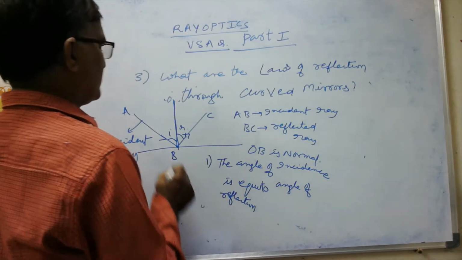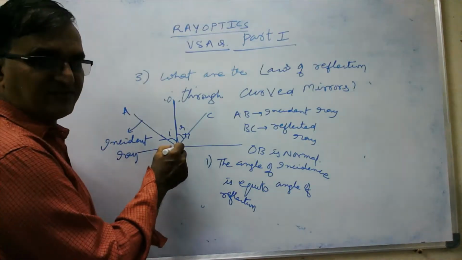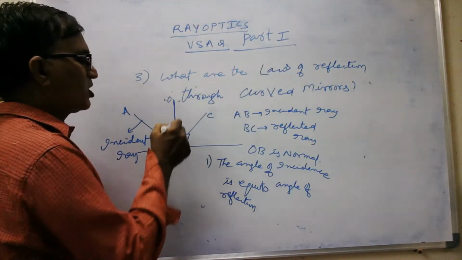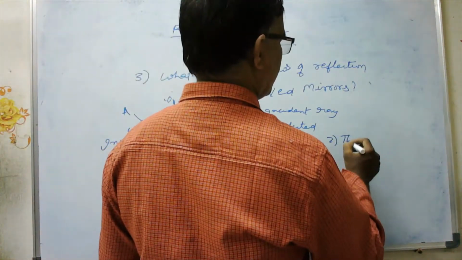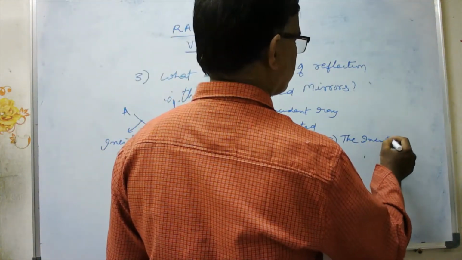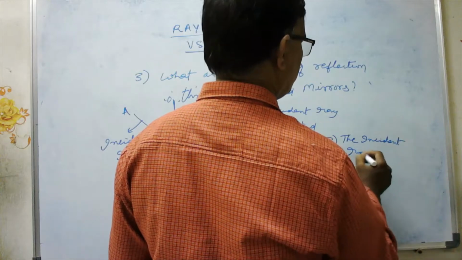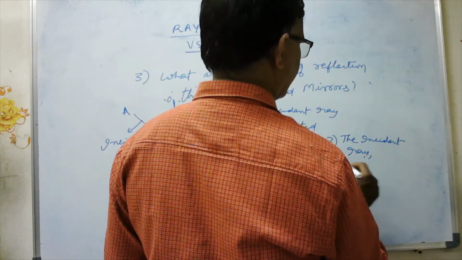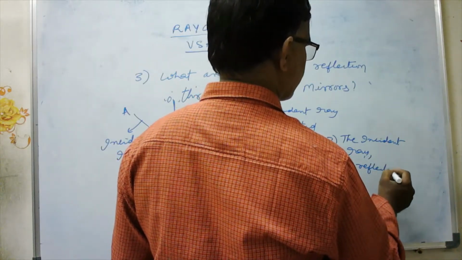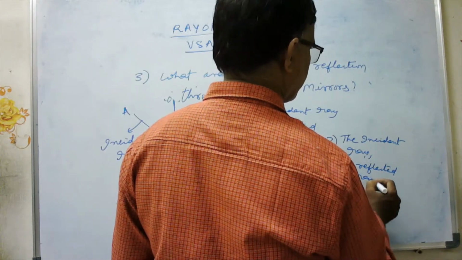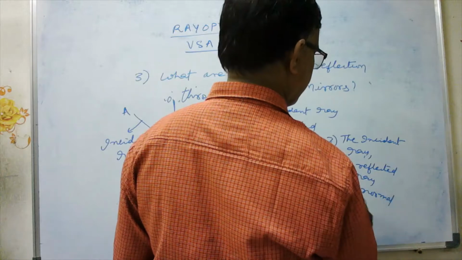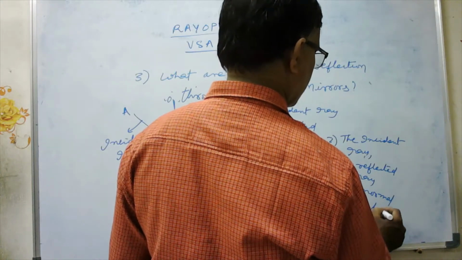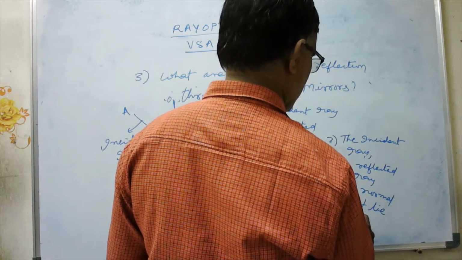Second one: the incident ray AB, the reflected ray BC and the normal must lie on the same plane.